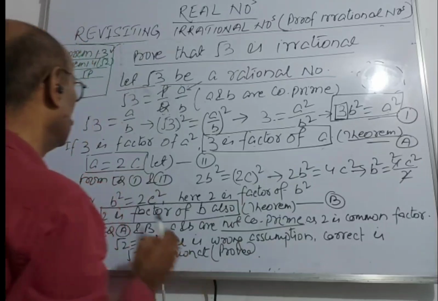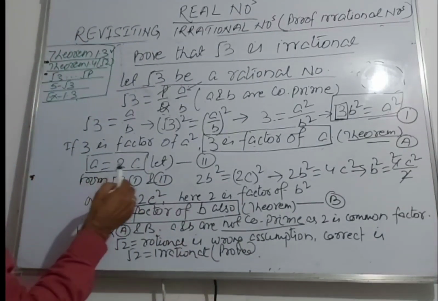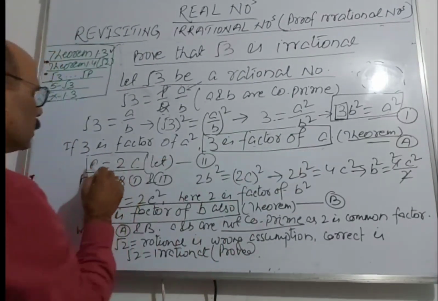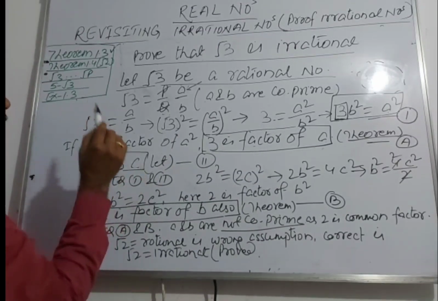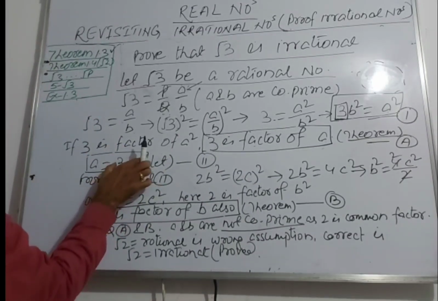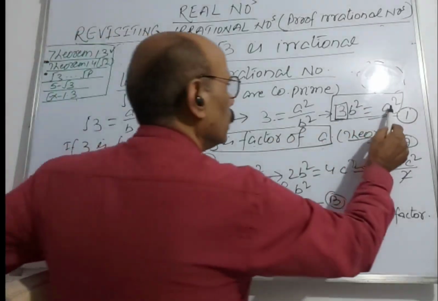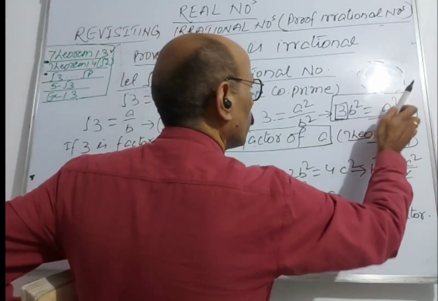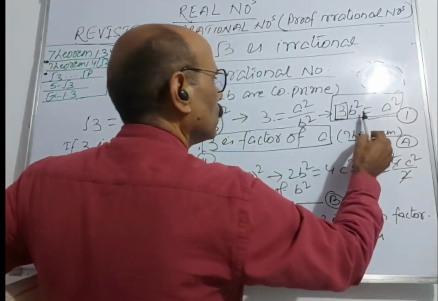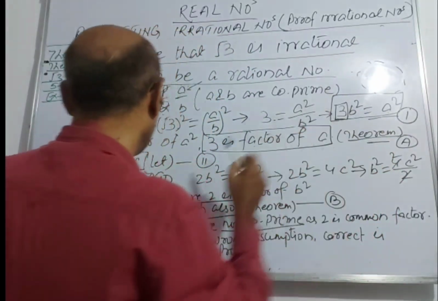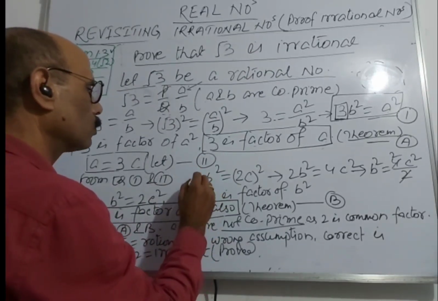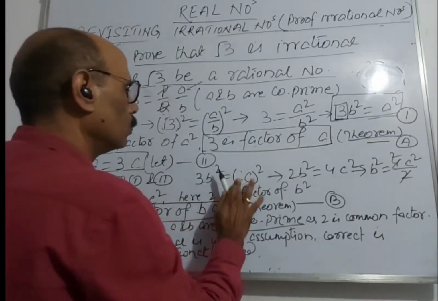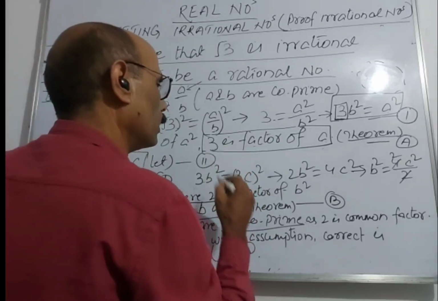This is equation 1. And again, 3 is a factor of A, that means A is equal to 3 into any other number. Let that number be C. So A is 3C. Put this value in place of A: 3B square is equal to 3C square.